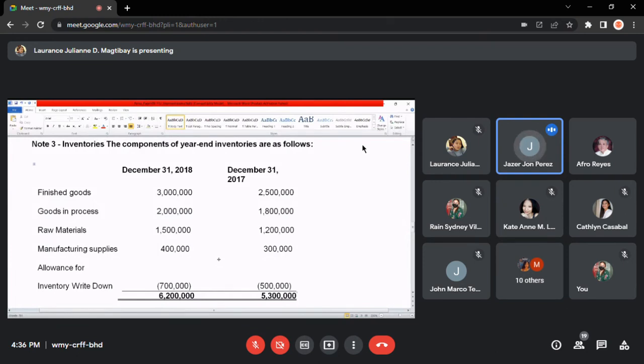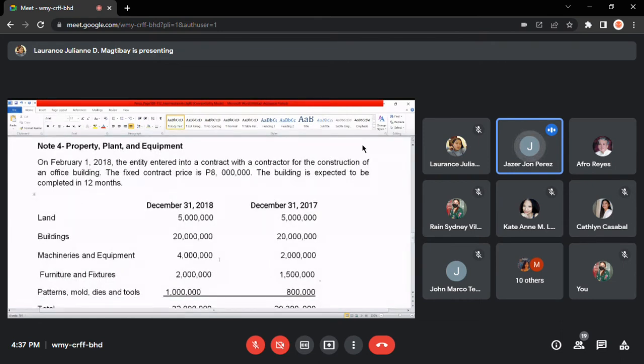Same lang din, ipa-plus yung finished goods, goods in process, raw materials, manufacturing supplies, and then i-deduct yung allowance for inventory write-down na 500,000 with a total of 5,300,000. So dito makikita nyo yung difference na mas malaki yung inventories na total ng December 31, 2018 kaysa sa December 31, 2017.